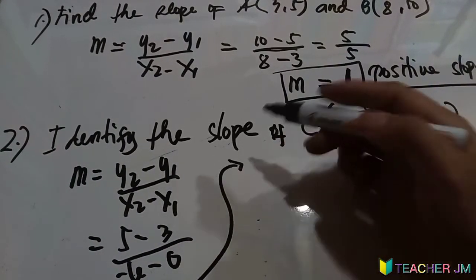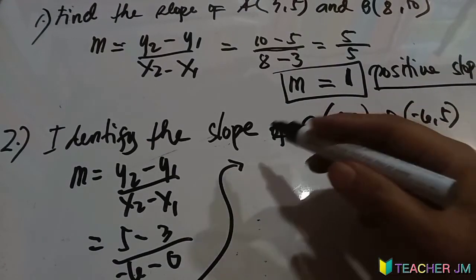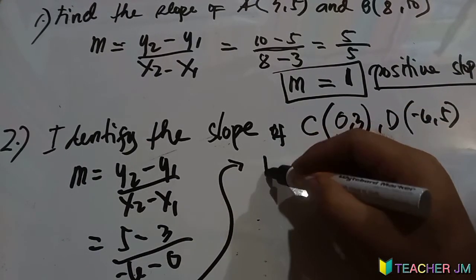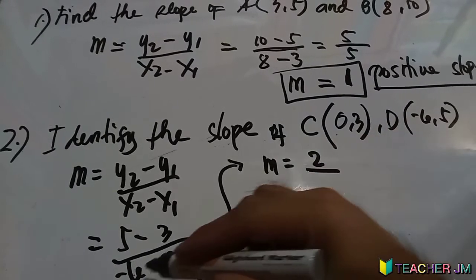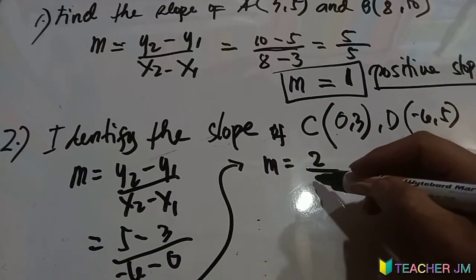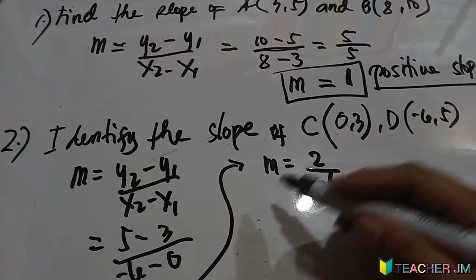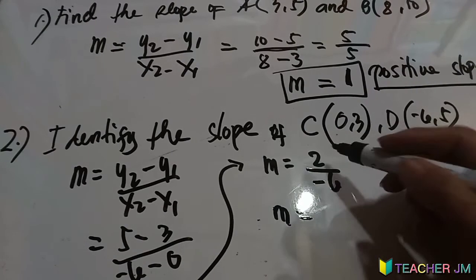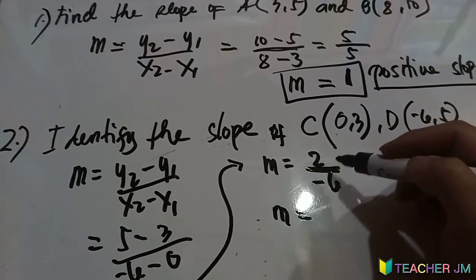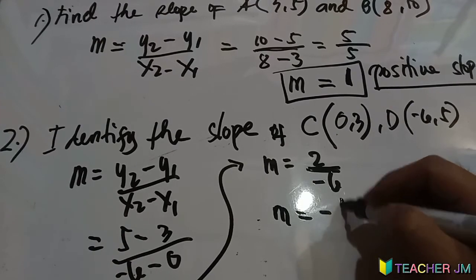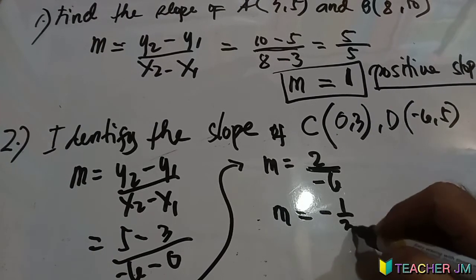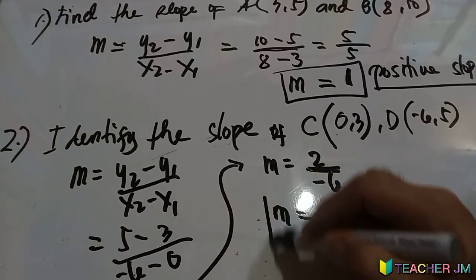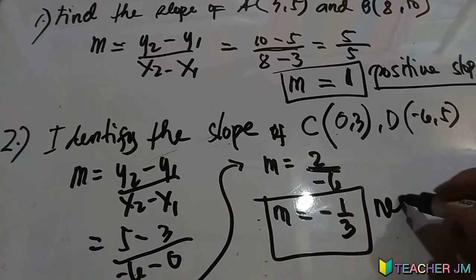Next is we have 5 minus 3. Subtract lang. So we have again, meron tayong 2 over negative 6 minus 0, that is negative 6. And then we have divide. 2 divided by negative 6, that is negative 1 over 3. So ibig sabihin, ang ating slope ay negative slope.